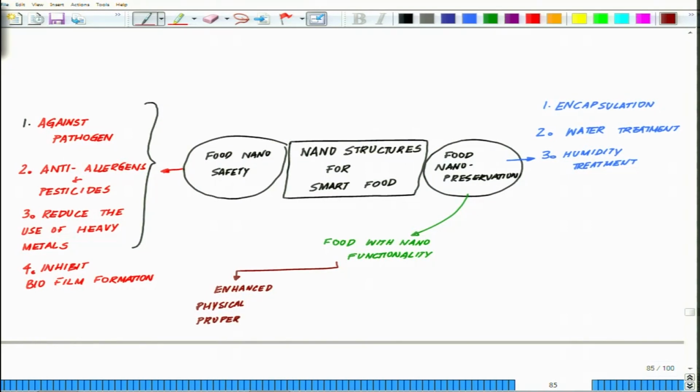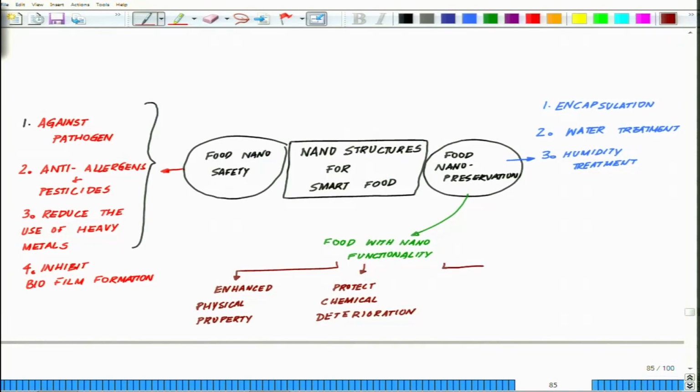In terms of the shelf life of the food, protect against chemical deterioration.